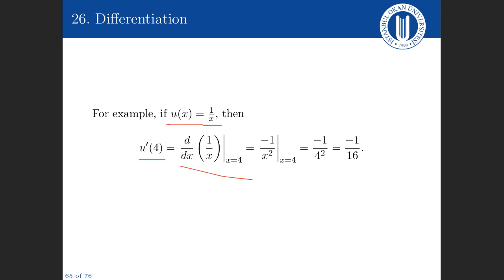That's the same as saying I want to calculate d dx of 1 over x at x is equal to 4. We've done this derivative. We know that the derivative of 1 over x is minus 1 over x squared. So this is equal to minus 1 over x squared at x is equal to 4. At this point, we can replace x by 4 to get minus 1 over 4 squared, or minus 1 over 16.